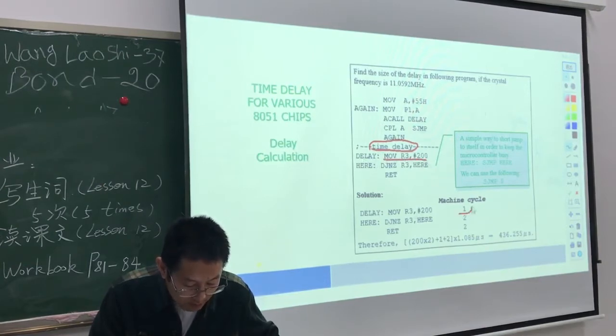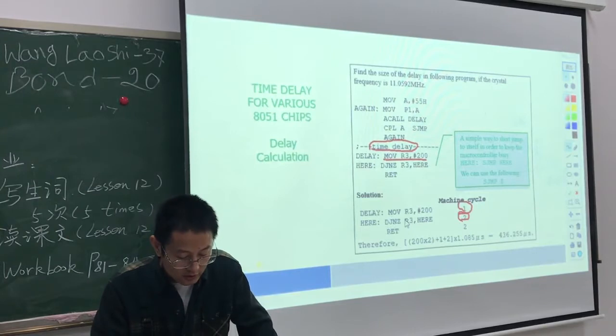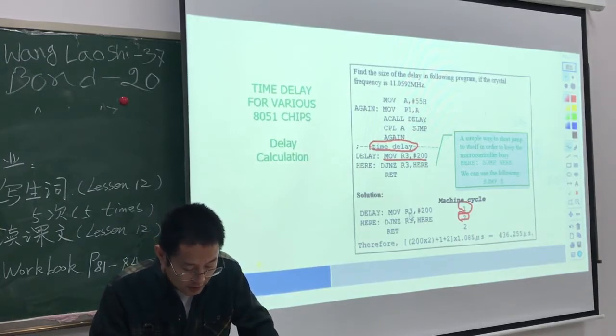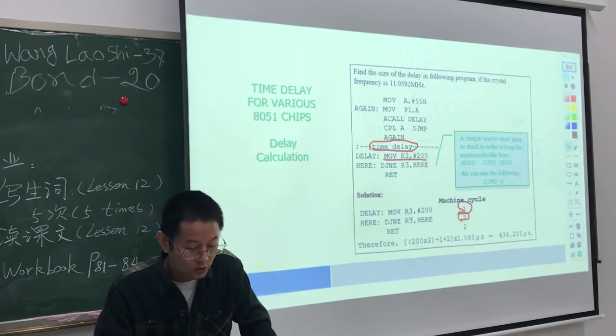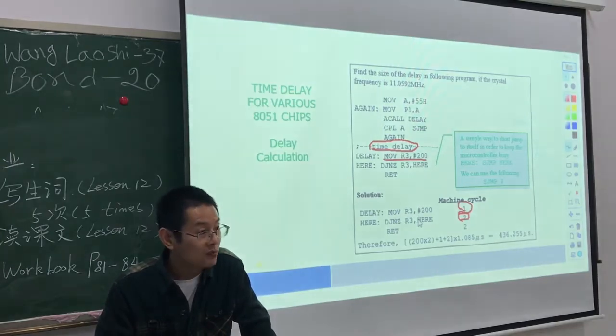MOV is one machine cycle. Here DJNZ is two machine cycles. R3 equals 200, so this loop executes 200 times.